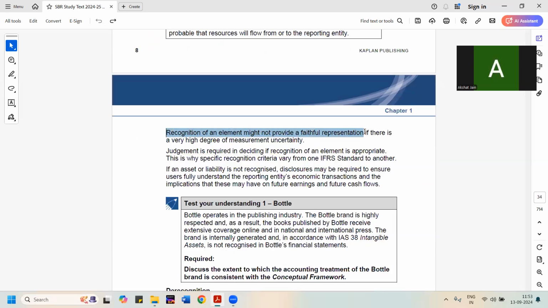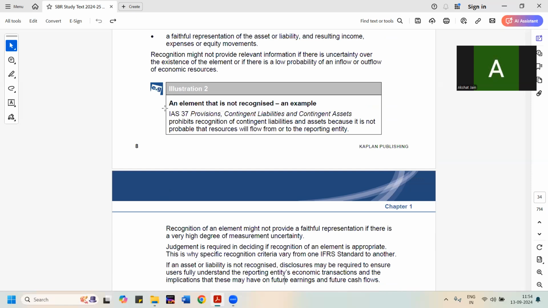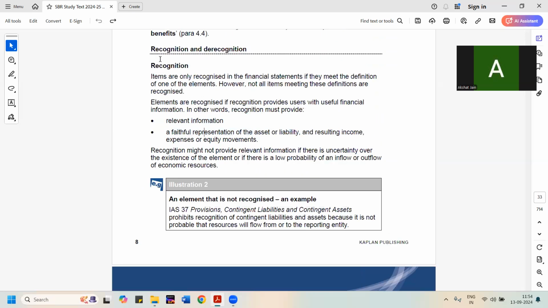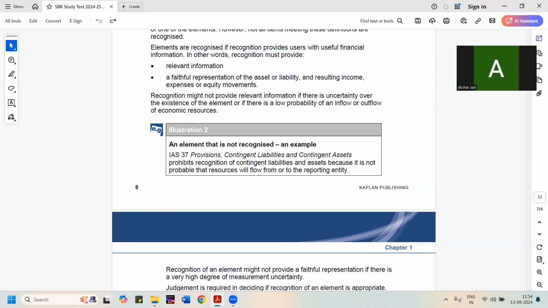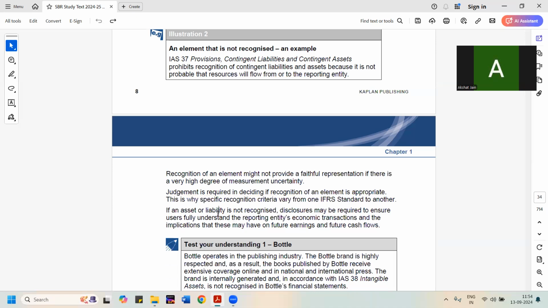A recognition of an element involves judgment. There's a lot of things that are written in our books, which again is not relevant information. I think this could have ended here, but again, they just chose to write three more paragraphs which do not necessarily showcase anything important.